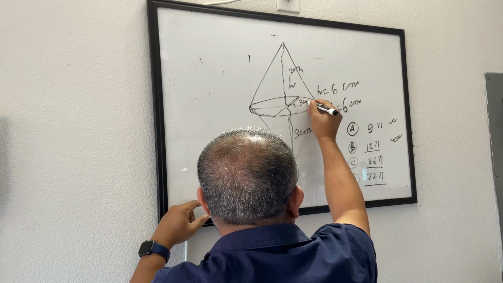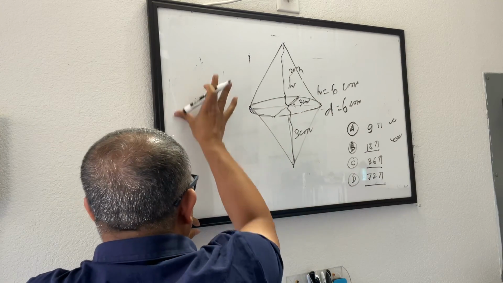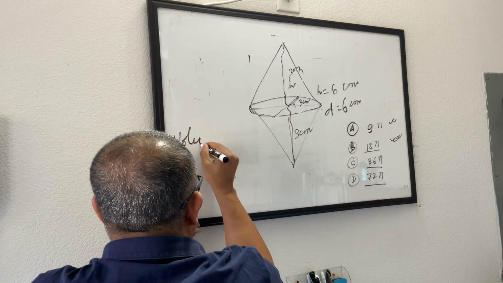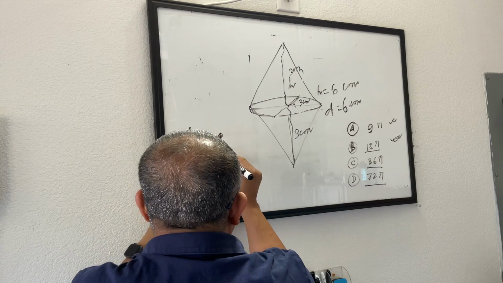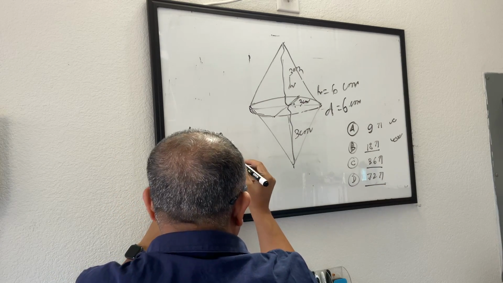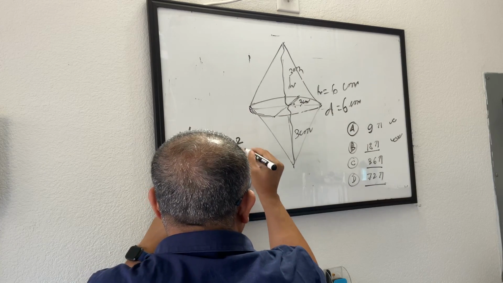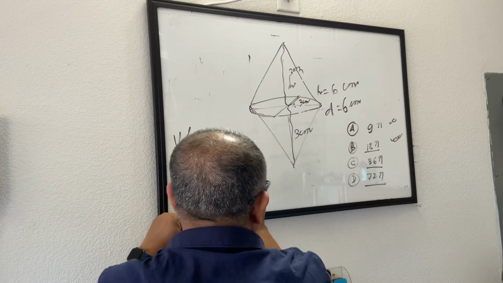That is 3 centimeter. Now, if you all remember, the volume of a cone is the volume of a right cylinder, which is pi r square h, divided by 3.